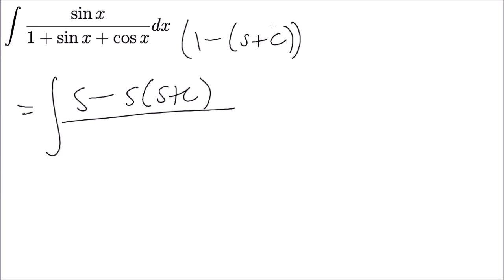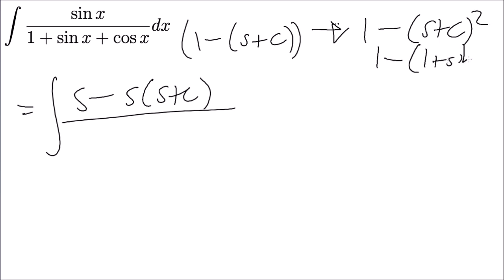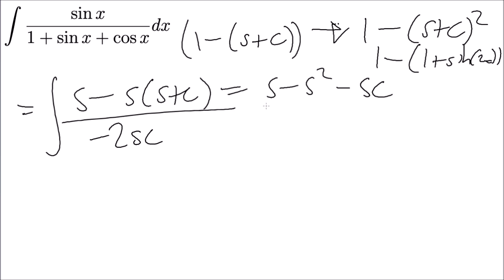The bottom will become 1 squared minus s plus c squared, which is 1 minus 1 plus sine 2x, right? And then this would be negative 2sc, and the top part is s minus s squared minus sc, all over negative 2sc.